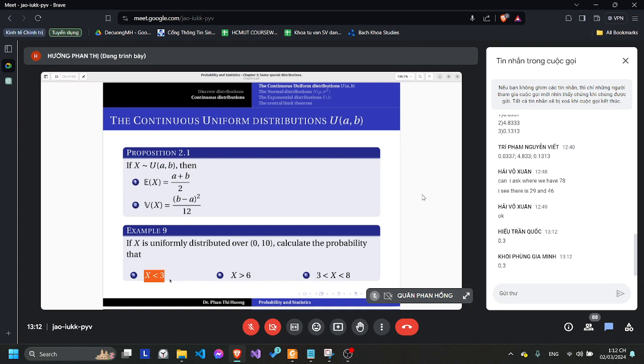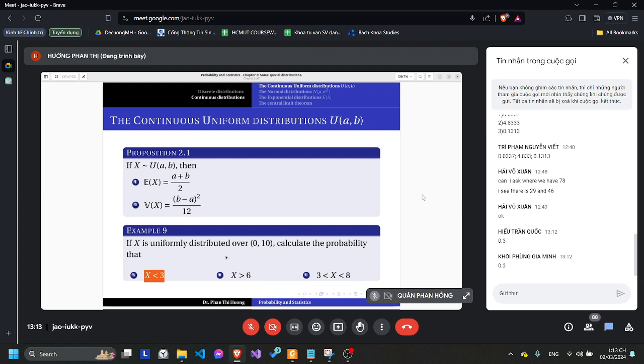S less than 3 means that you are considering S between 0 and 3. The probability of S belonging to the interval from 0 to 3 equals the length of the interval, 3 minus 0, over b minus a.